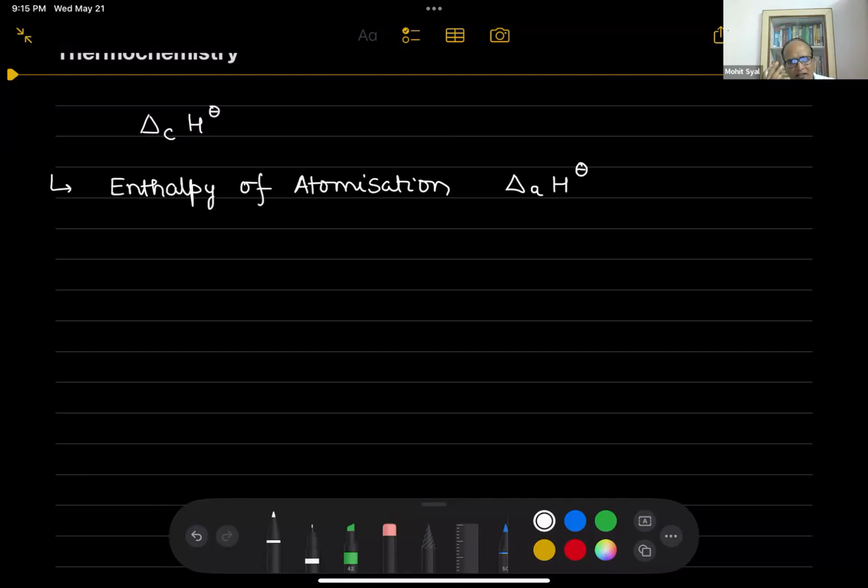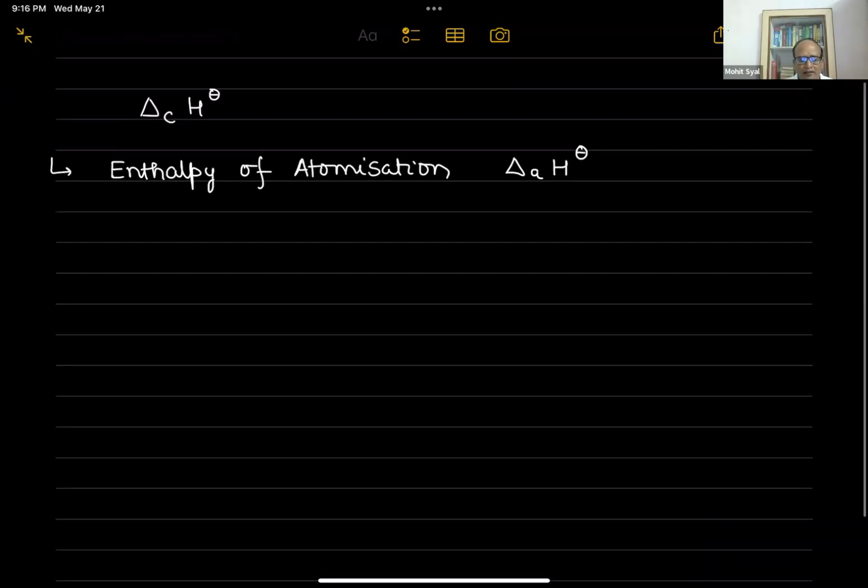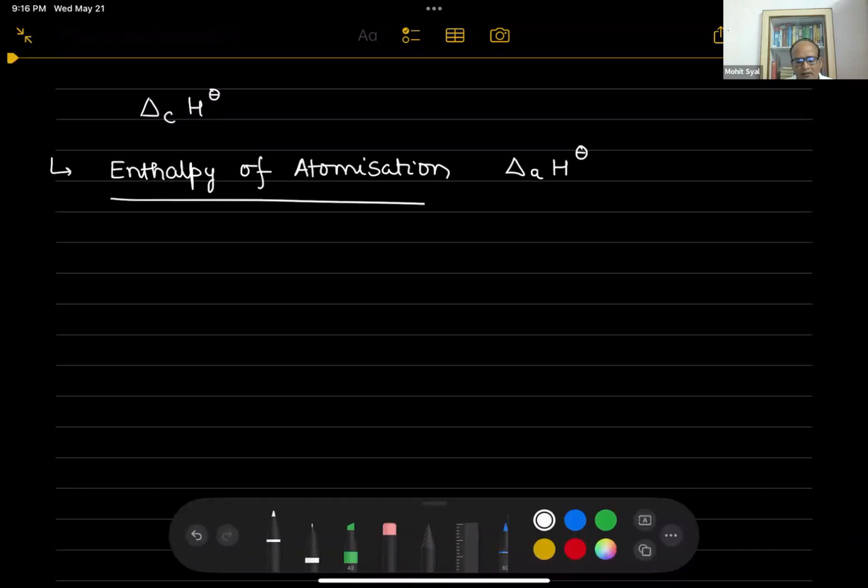You are giving it heat so that it changes into atoms. Is it clear? So let's say, suppose I take S2 gaseous.